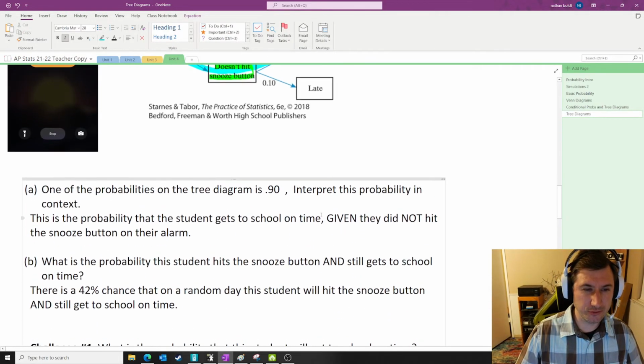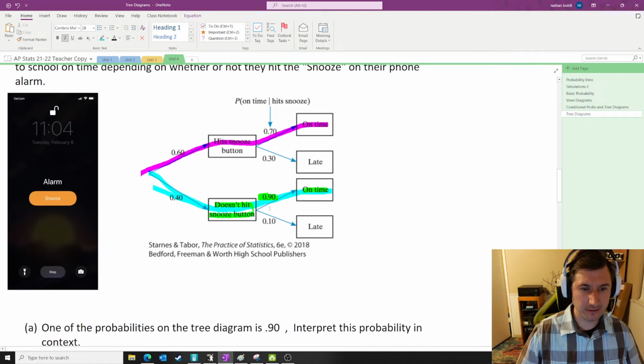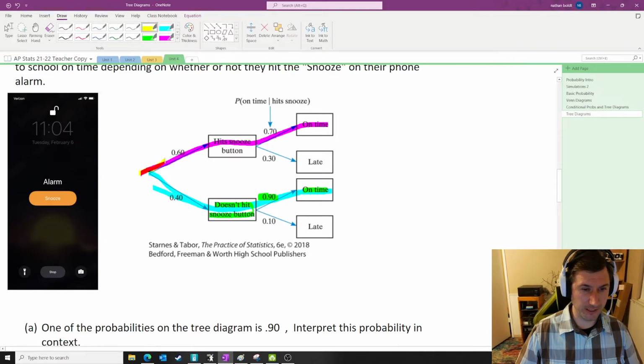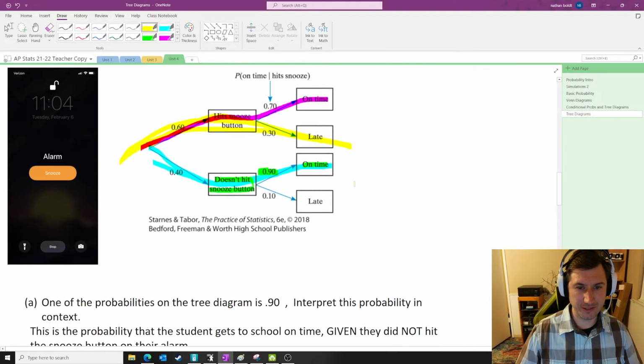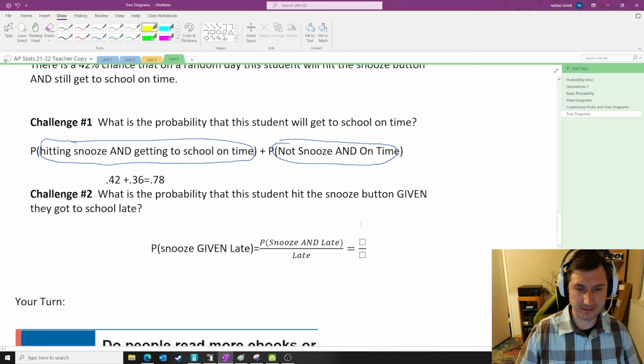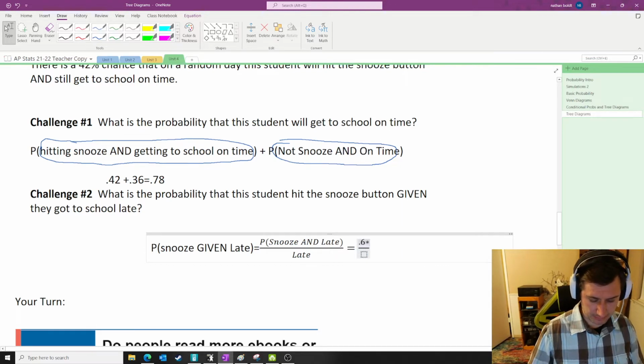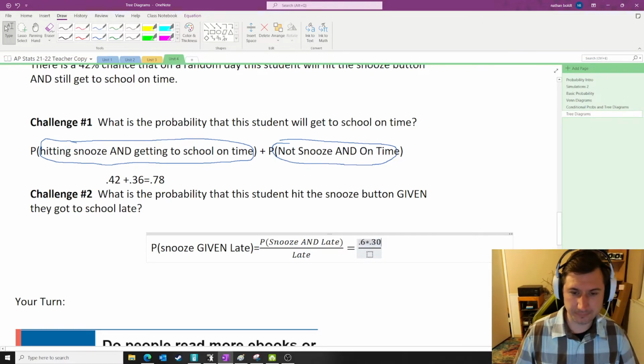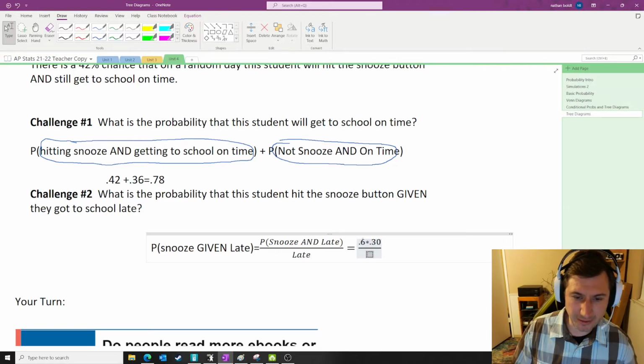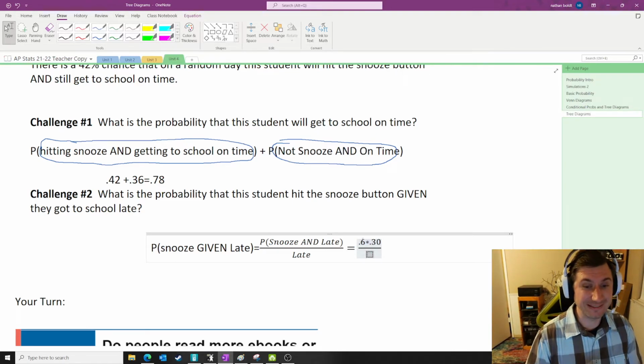So what is snooze and late? Snooze and late is 0.6 times 0.30. There is snooze and late. So 0.6 times 0.30, divided by the probability of being late.